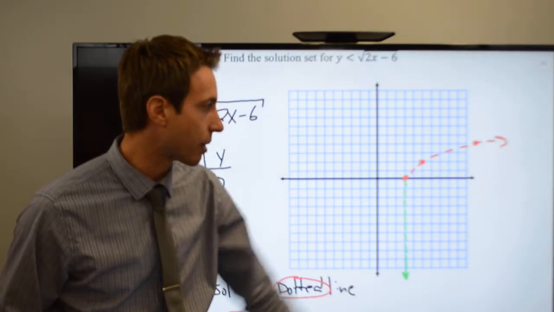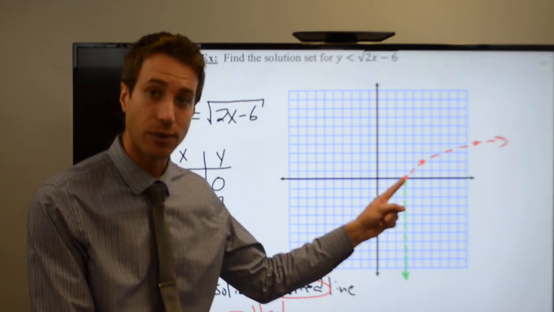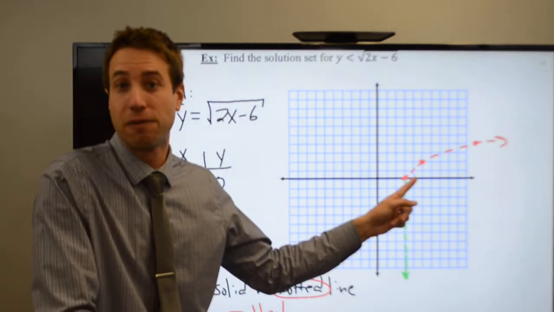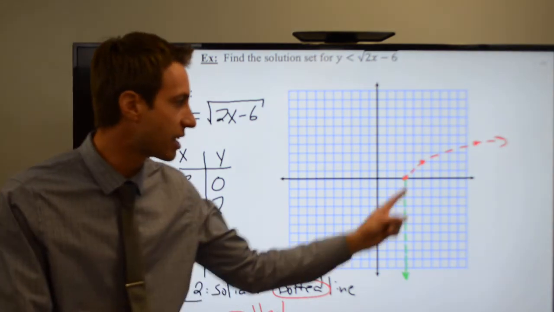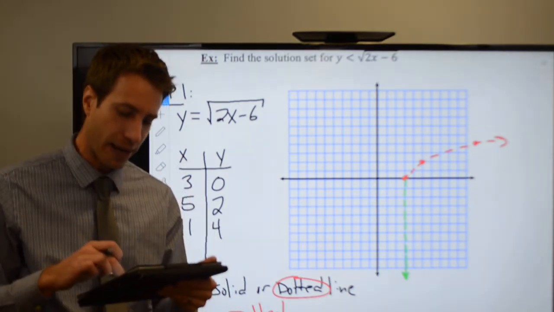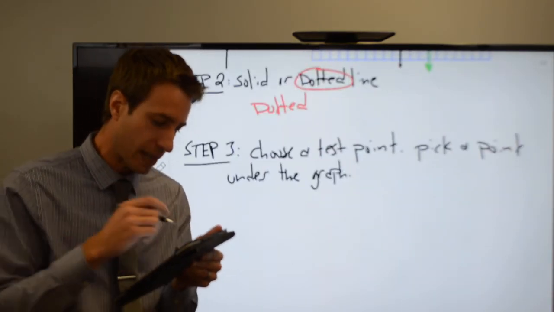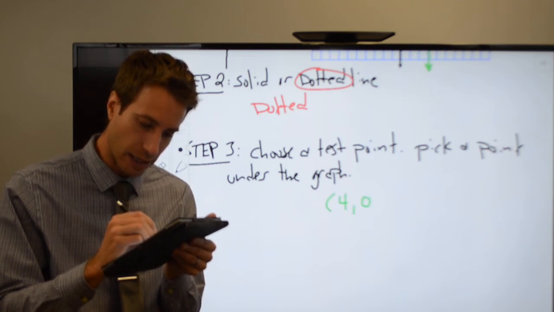And an easy one, since my graph starts at 3, 0, I'm going to go with 4, 0. That's easy to do math with. 4 and 0, easy numbers. It falls underneath the graph of my radical, and so that's the point I'm going to pick for this one. You can pick any point you want to. I'm going to go with 4, 0.